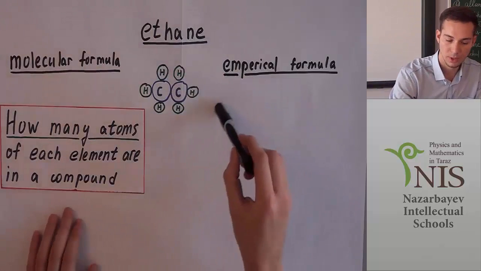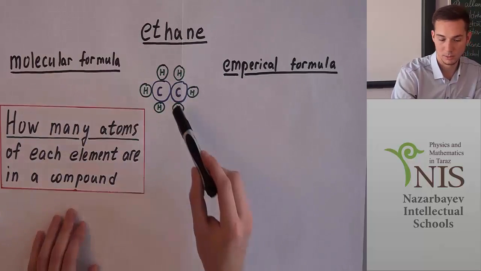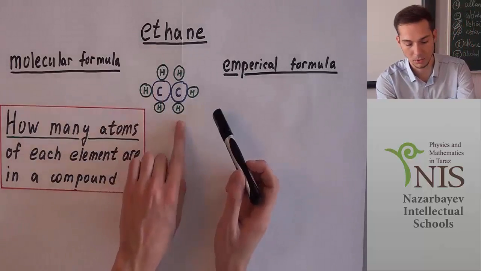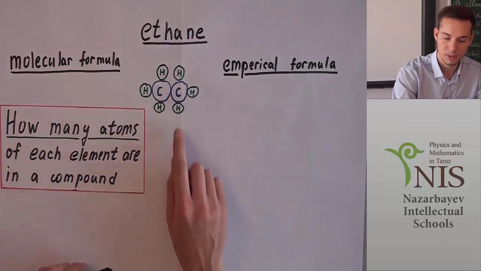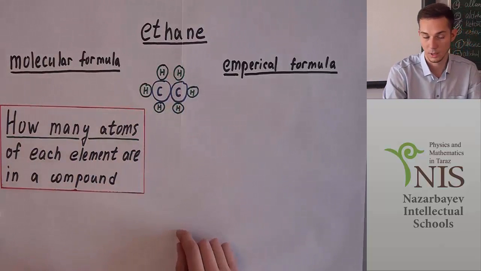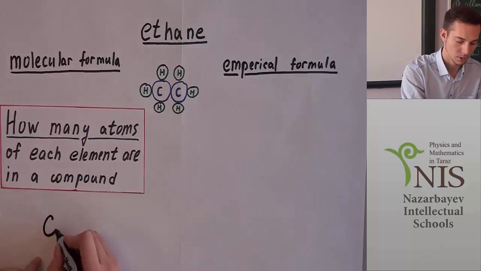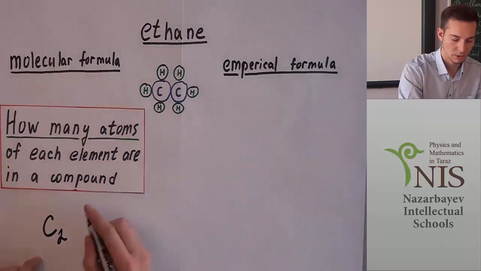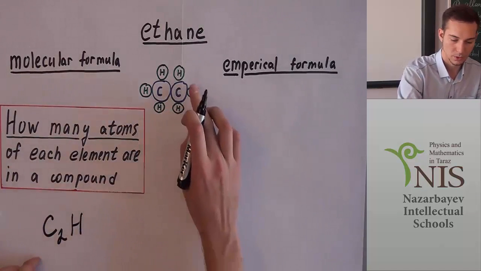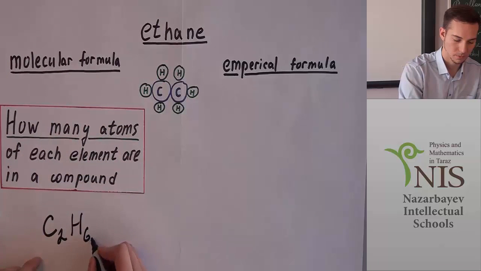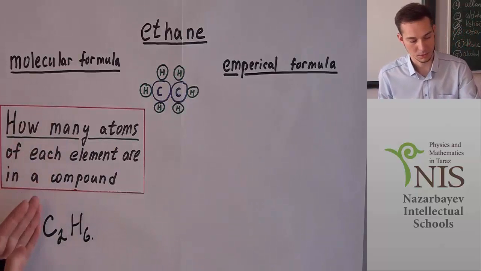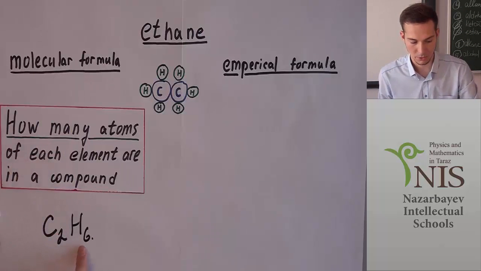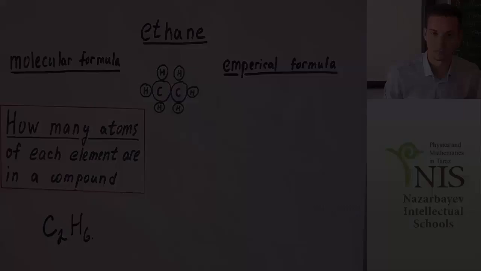Let's try to figure out how many atoms of each element are in the compound of ethane. So we have here carbon atoms and hydrogen atoms. Let's write carbon atoms 1, 2, and hydrogen atoms 1, 2, 3, 4, 5, 6. Okay, the molecular formula tells you how many atoms of each element are in the compound.